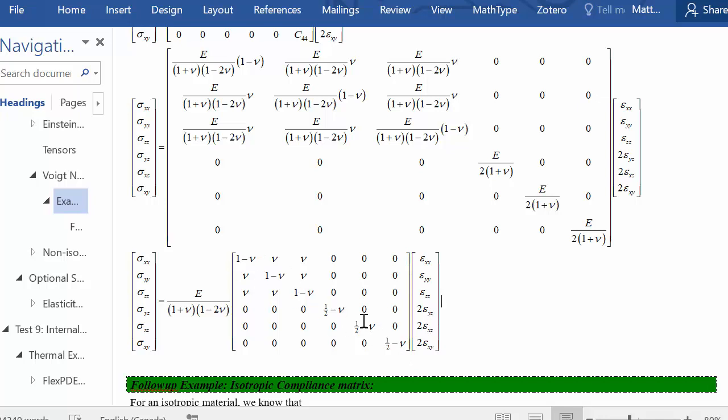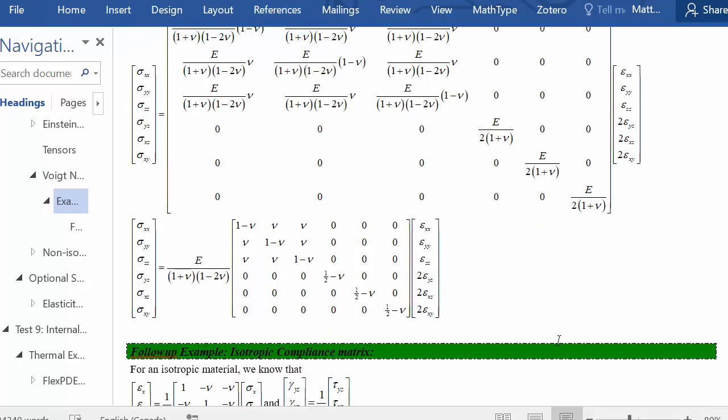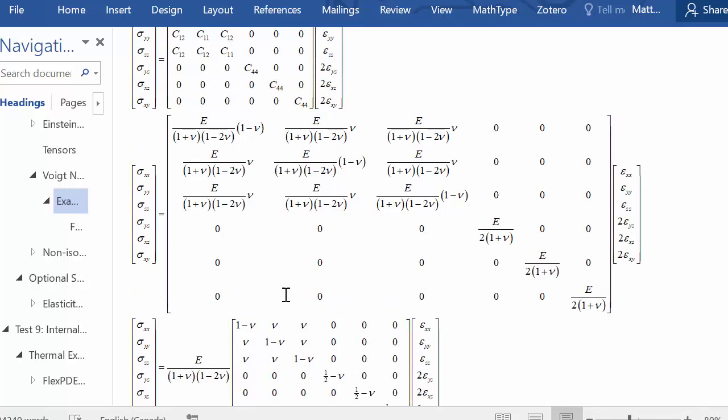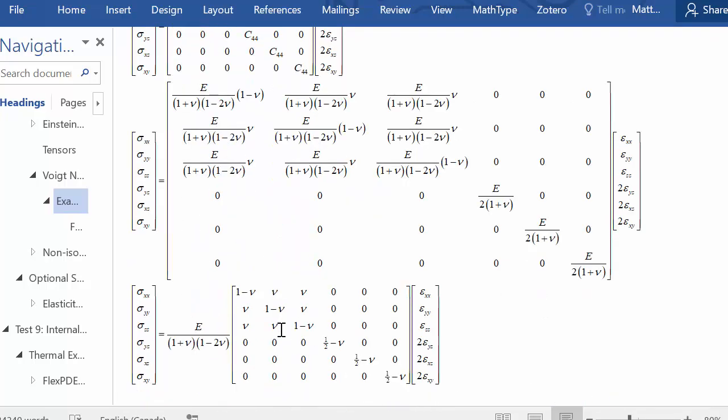So comparing these guys together, you can see that if we took half of the 1,1 component and subtracted half of the 1,2 component, then we should get the 4,4 component, right? So let's just check. That would still be working out for the thing in front.